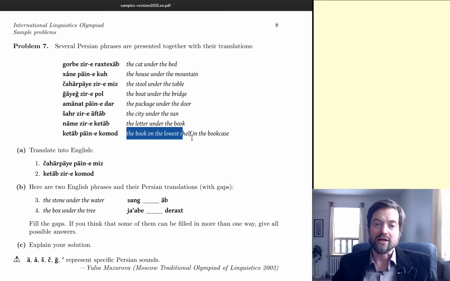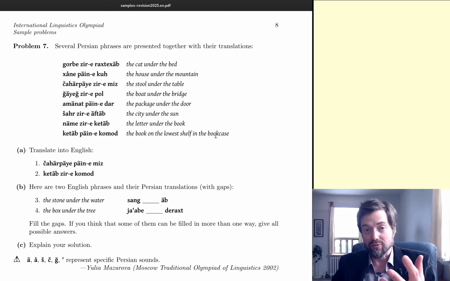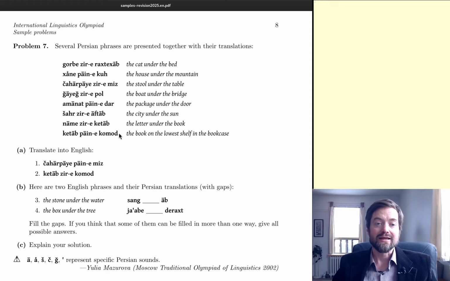Interesting how this one ends up being 3 pieces. These are all the something under the something. But this one, the something on the something in the something. Longer, 3 pieces instead of 2, or three nouns instead of 2. And yet, over here, it looks pretty similar. It doesn't stand out as looking like it's longer, so that's unexpected.